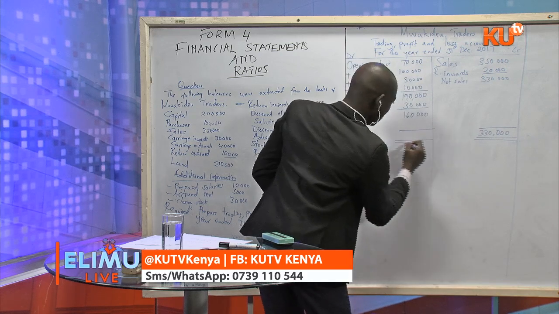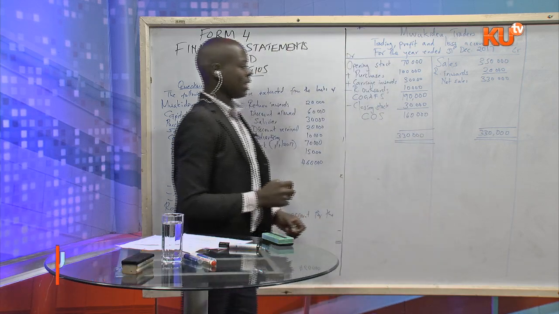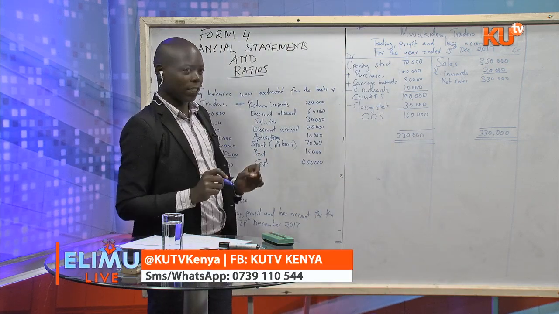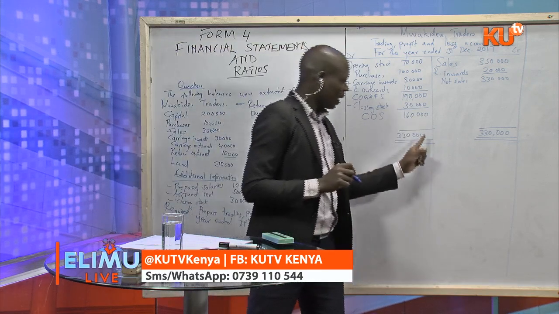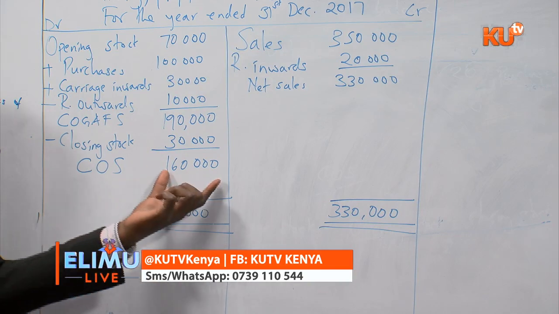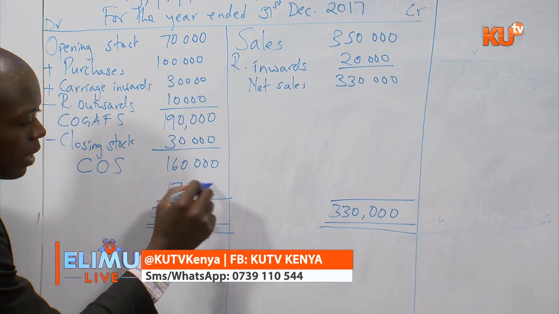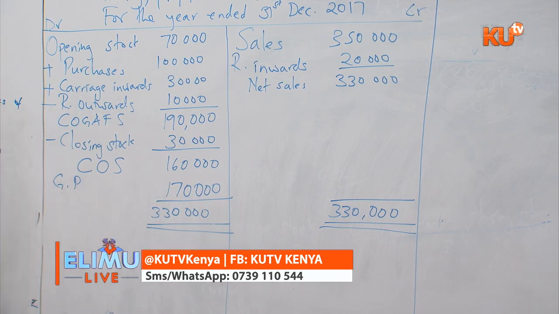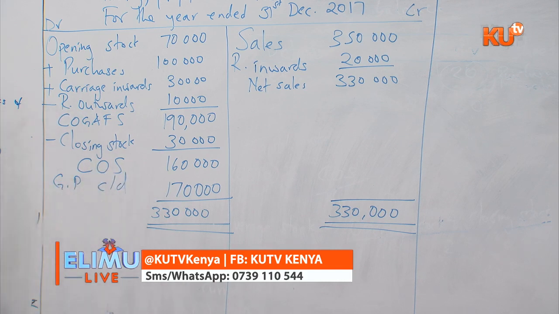And we said when the cost of sale is less than the net sales, then we obtain what we call gross profit. So what is gross profit in this case? It is simply 330,000 minus 160,000 to get 170,000. So we write 170,000 and this becomes our gross profit. Because it's the balancing figure, we call it gross profit carried down.